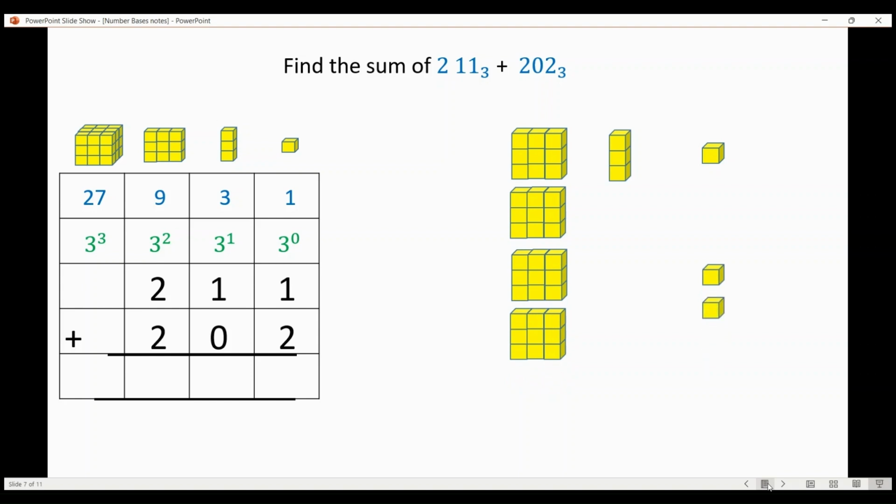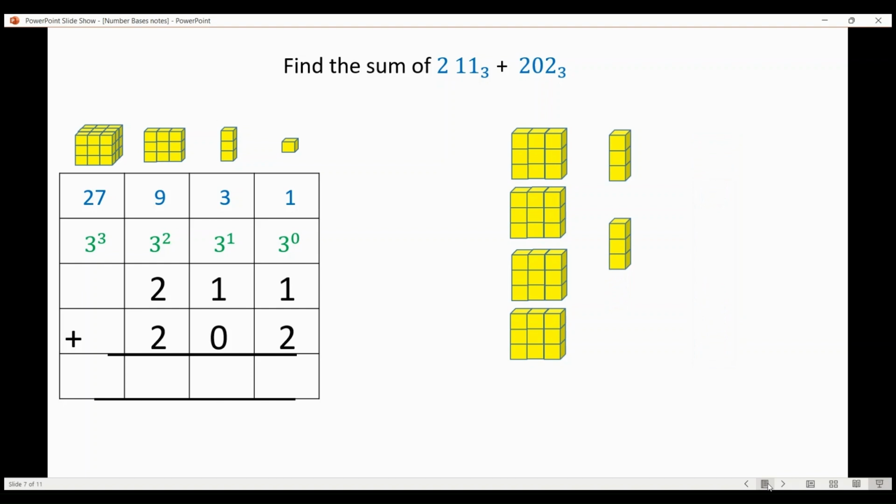Now, if we're adding, we want to start by the right-hand side in case we have to regroup. So if we consider on the right side our units, we have 1, 2, 3 units. And we know this is base 3. We cannot write a 3 in there. So 3 units can be replaced by 1 group of 3.